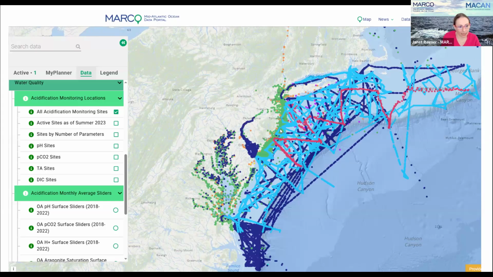That's one of the examples of the maps, where you can see all of the different acidification monitoring sites. And these are also historical and current. Some of them could be an ongoing sampling regime, or they could have been sampled once and that was it.